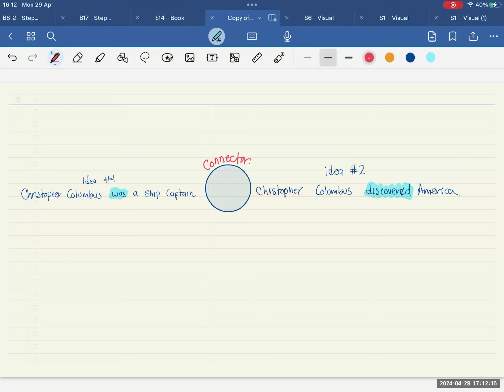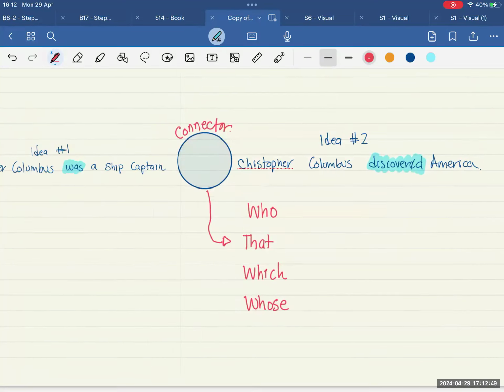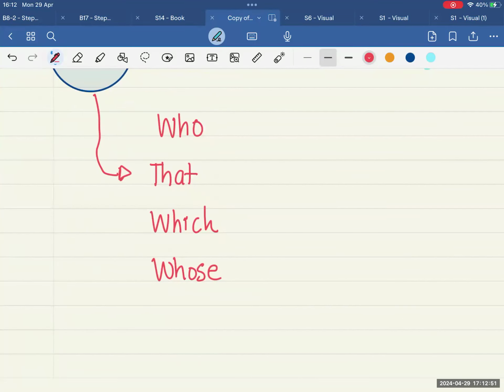Okay, so look at what is going to happen. We have different connectors. We are going to use who, that, which, and whose, actually four possible connectors, right? I'm going to zoom a little bit to explain, okay?